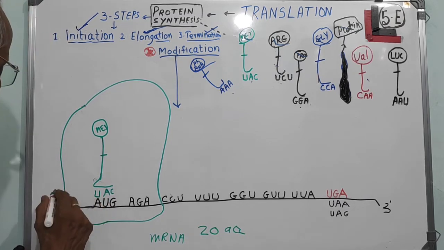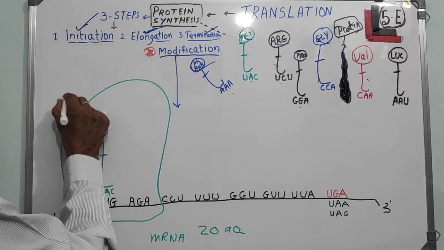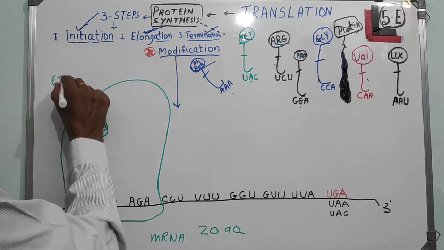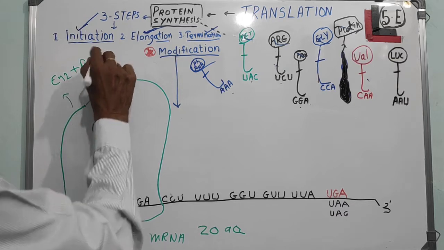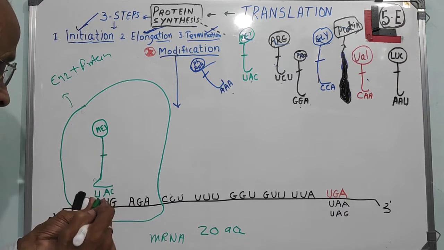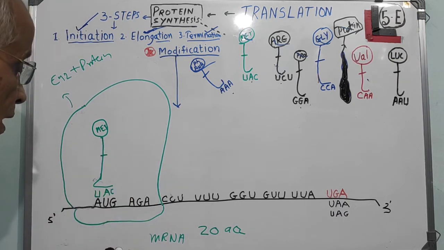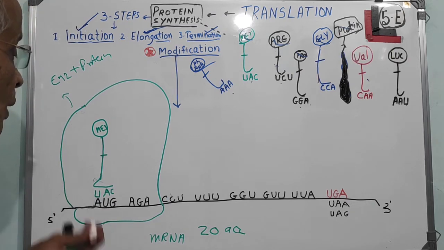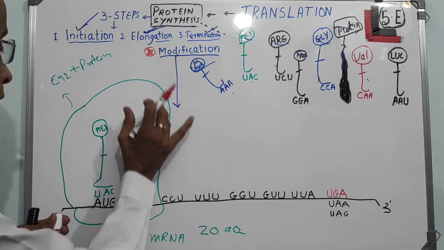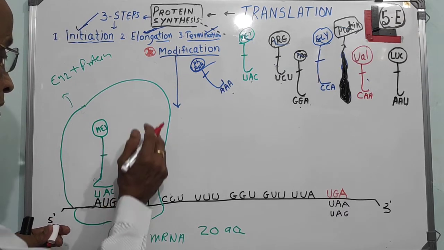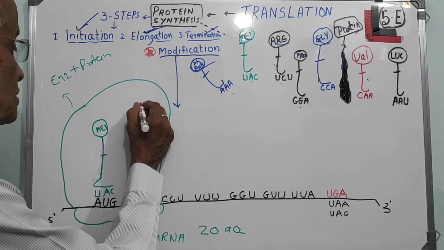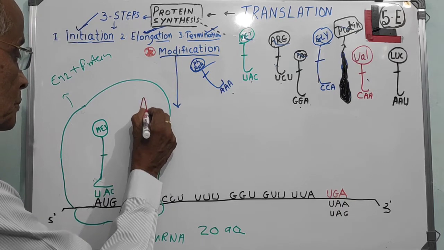When that is done, all the enzymes required for this plus proteins all go away and only these things are left. Now this particular type of thing we will have in this larger space of the ribosome. We'll have what's called the A site.